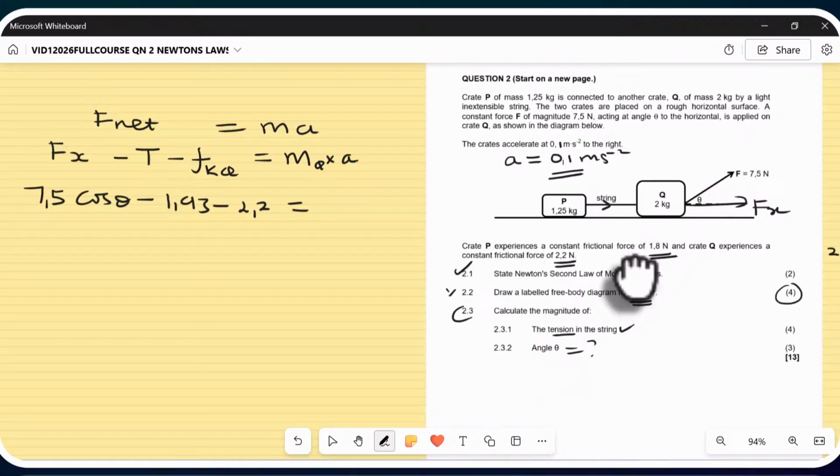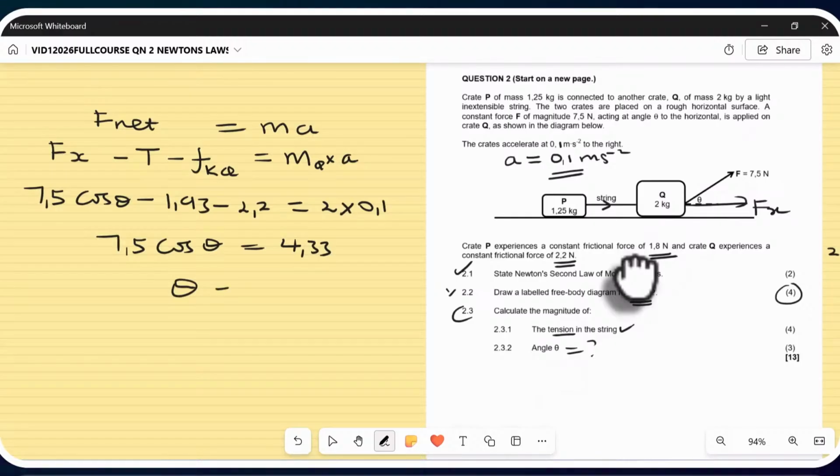So in here, our 7,5 cos theta, when you simplify here, because it's plus 2,2 plus 1,93, it gives us 4,33. And so our theta equals cos inverse of this one here, which is 4,33 divided by 7,5.